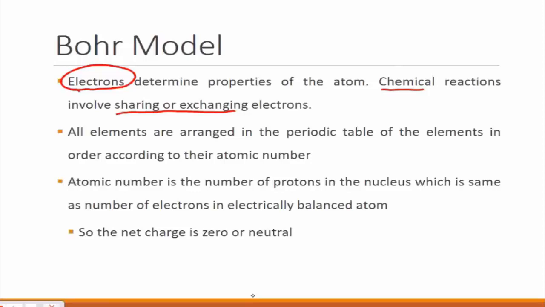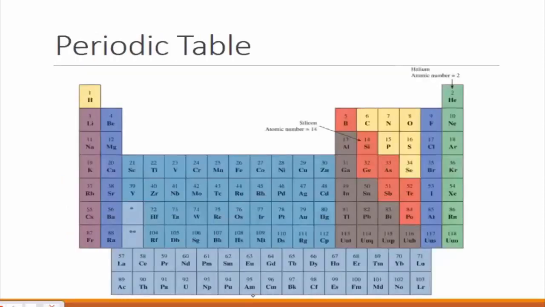All the elements are arranged, and you might remember this at some point, in what is known as the periodic table. All the known materials are categorized in this table. For example, remember I said carbon is 6 previously in the carbon atomic structure. You see carbon is 6 in the periodic table. It means there are 6 electrons and 6 protons.